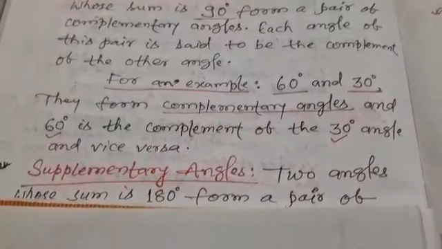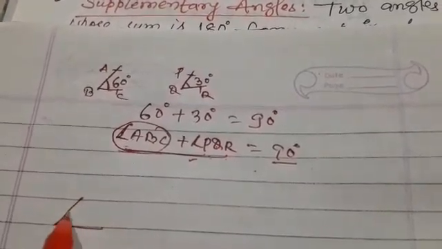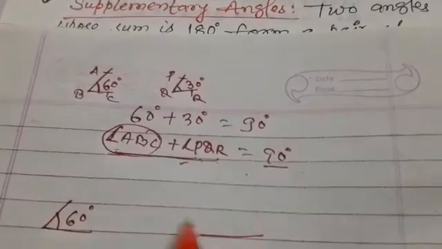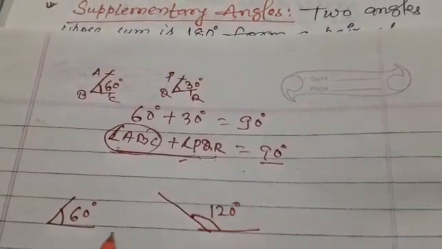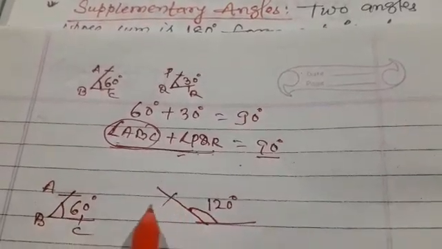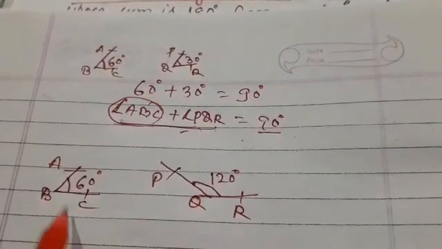Another example, when two angles are written here, first angle, value of this angle is 60 degree, and another angle which is obtuse angle and value of this angle is 120 degree. This is A, B, C, P, Q, R. There are two angles here.